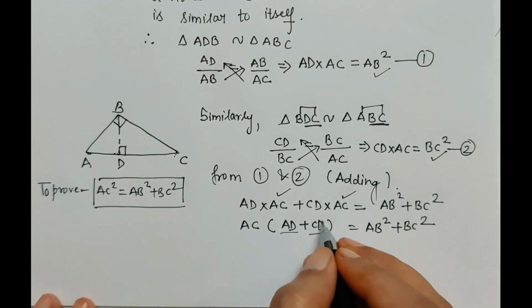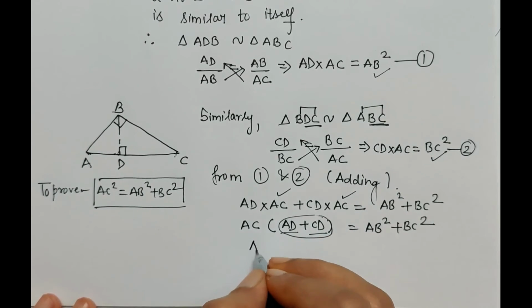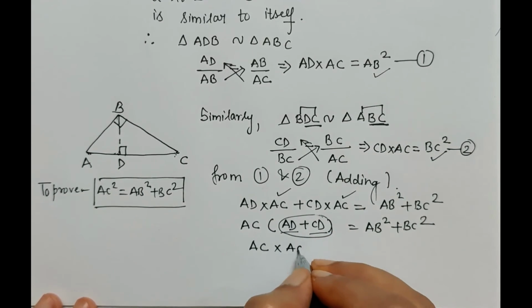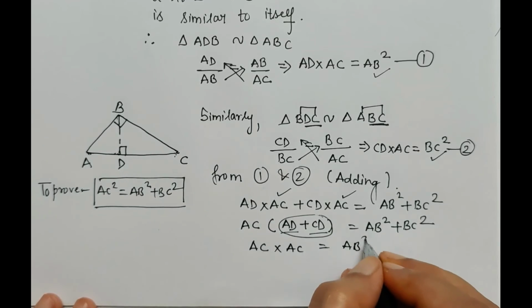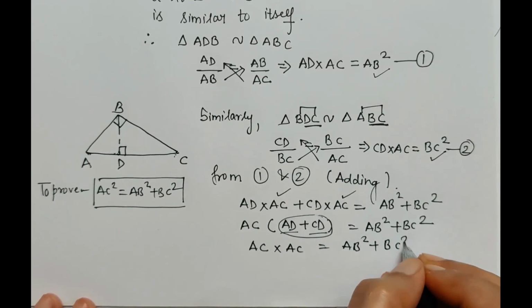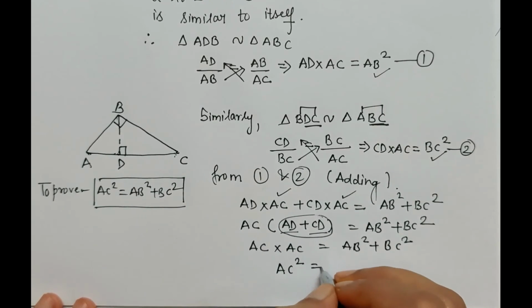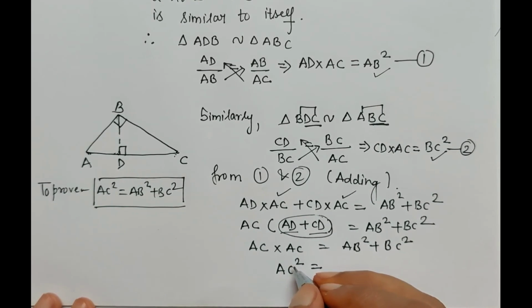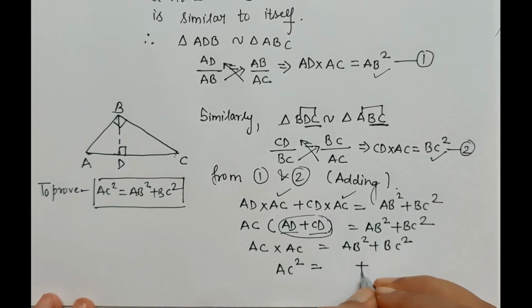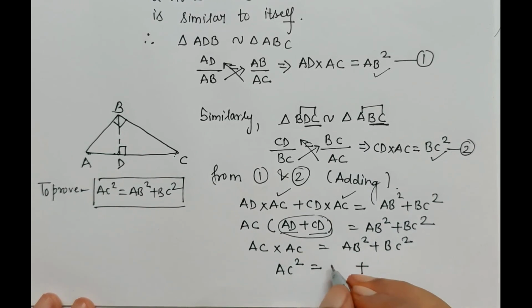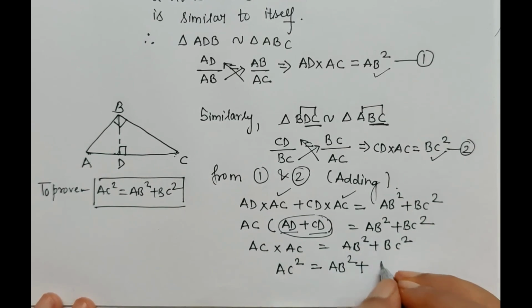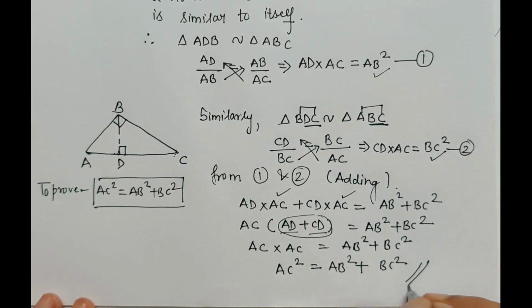So let's replace this whole sum by AC. So AC into AC is equal to AB square plus BC square, and this gives us the desired result, which is AC square, that is the square of the hypotenuse, is equal to the sum of the squares of the other two sides, and hence proved. Thank you.